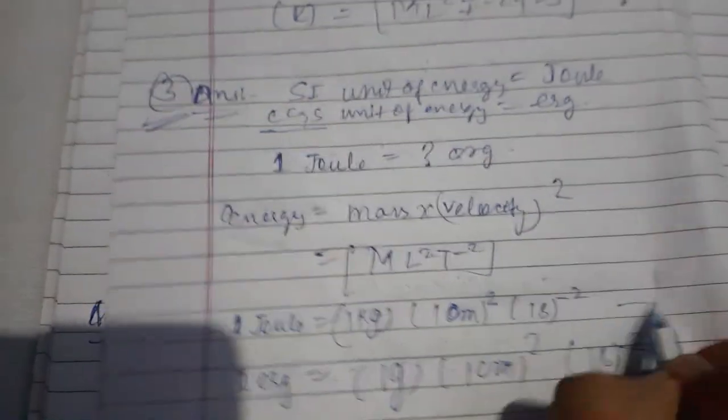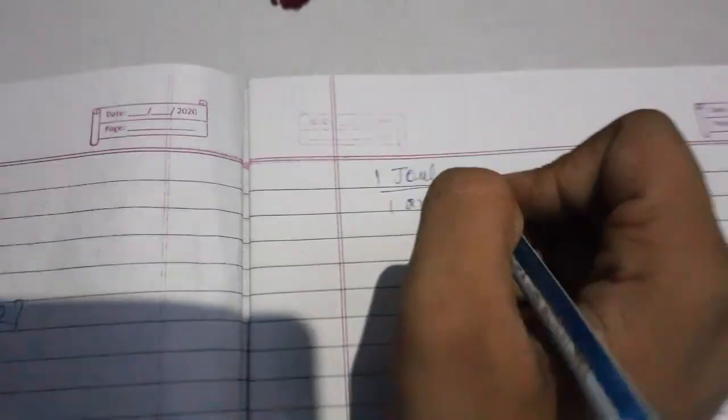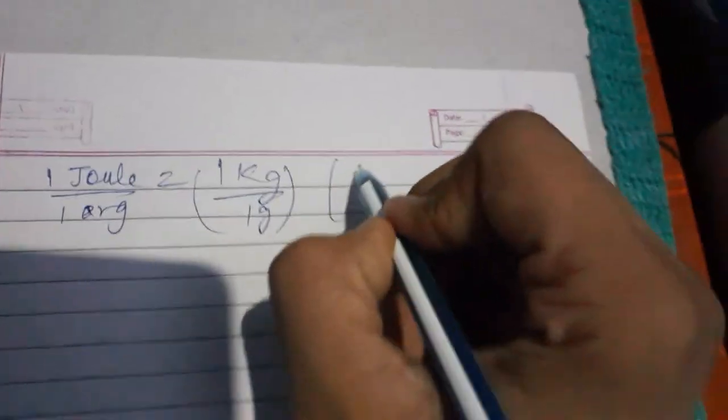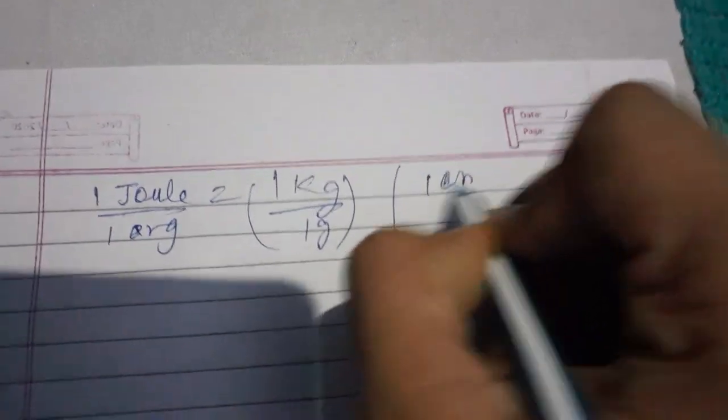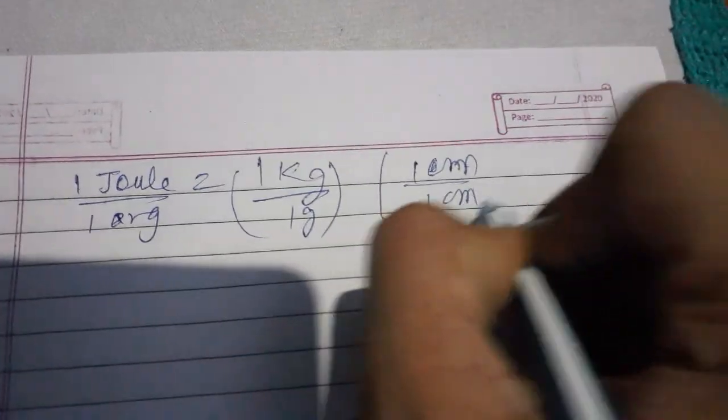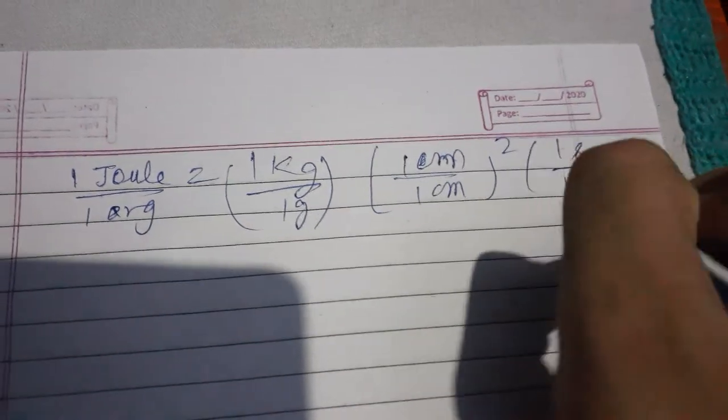So we will be dividing both the equations. So we can say that 1 joule by 1 erg equals 1 kg by 1 gram, 1 meter by 1 centimeter whole squared, 1 second by 1 second whole to the power minus 2. So it will be 1.